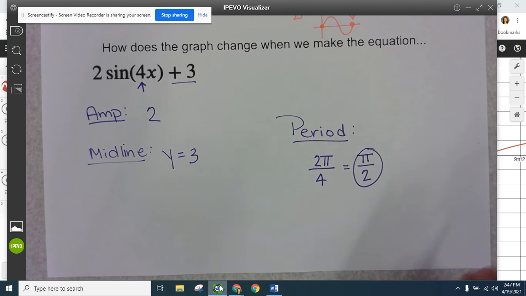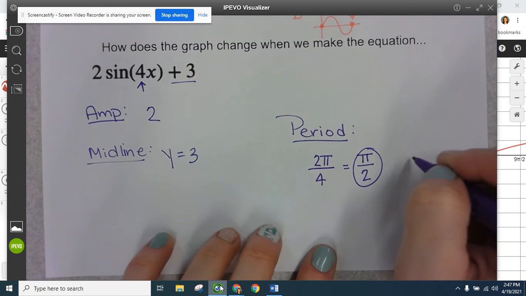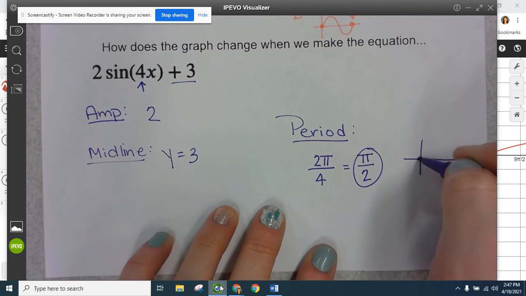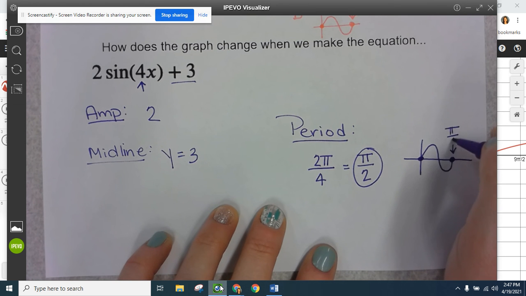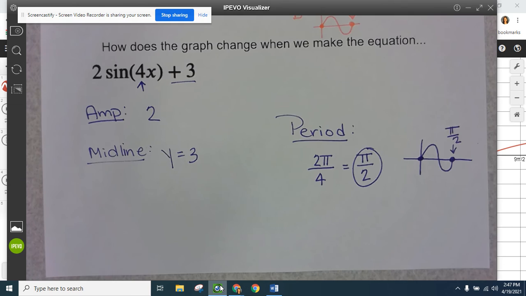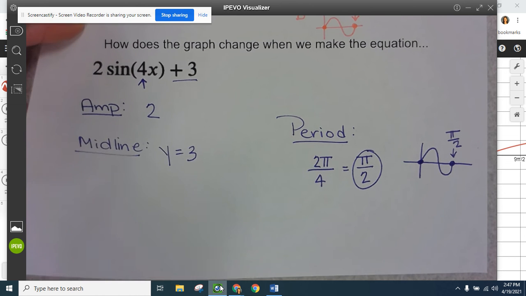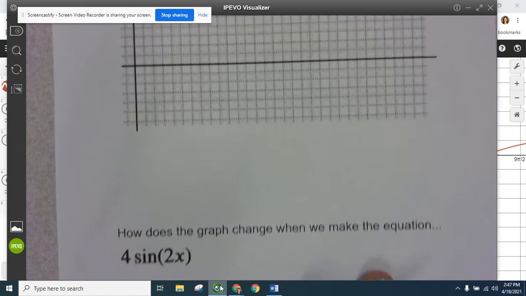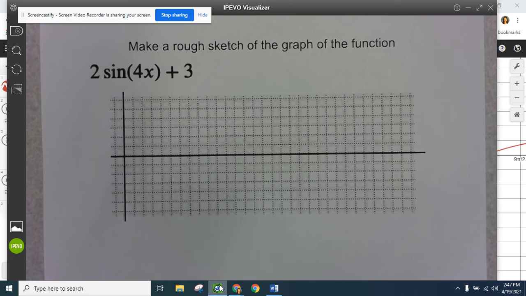That means when we go to make our rough sketch, the next time I hit, so from here, up, down, and back again, this is going to be at pi over 2. Now, this is the only one we're going to make a rough sketch for, just to make sure that we can figure it out from using our graph.